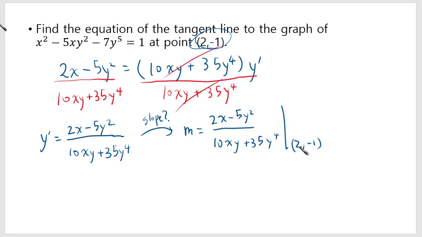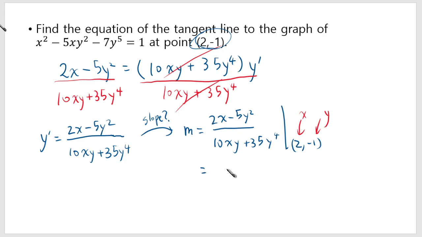Now, what does this mean? Evaluated at 2, negative 1. Well, you see, this is the x coordinate, and this is the y coordinate, right? So to evaluate this function at 2, negative 1 means that you have to plug in 2 into x and negative 1 to y. So let's continue on.